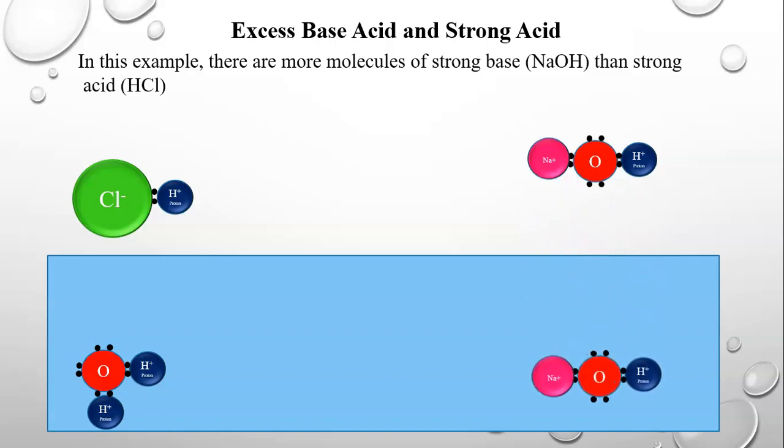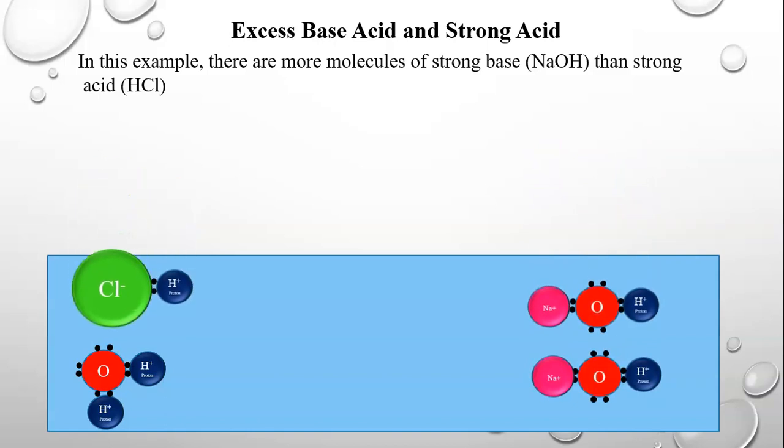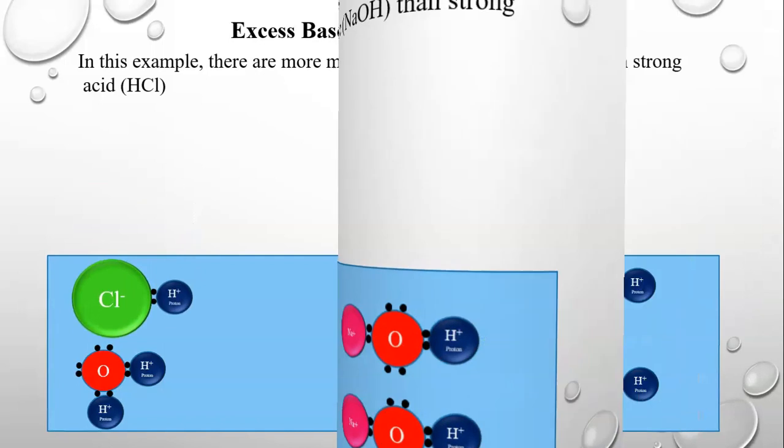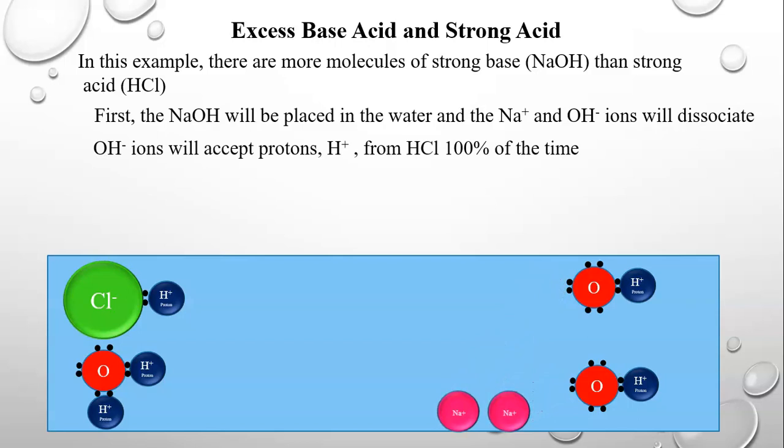So we're going to put both of those in solution, and the first thing that's going to happen is, we'll go ahead and put the acid in solution too. So first, the NaOH will be placed in the water, and the Na plus and OH- ions will dissociate. So that's going to go like that. OH minus ions will accept H plus protons from HCl 100% of the time.